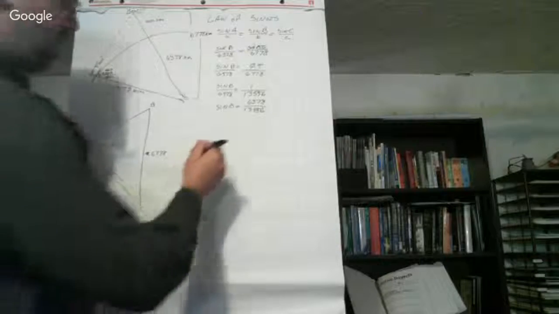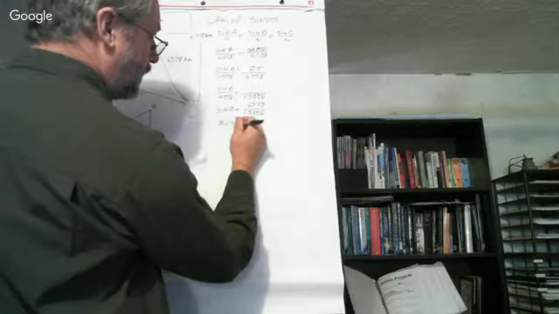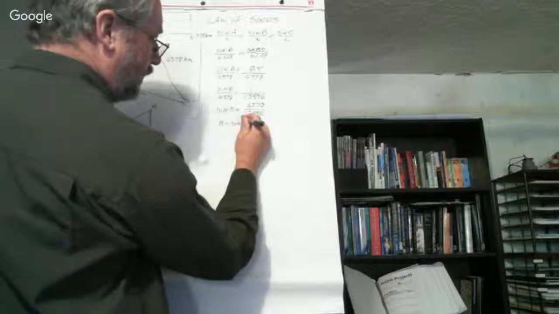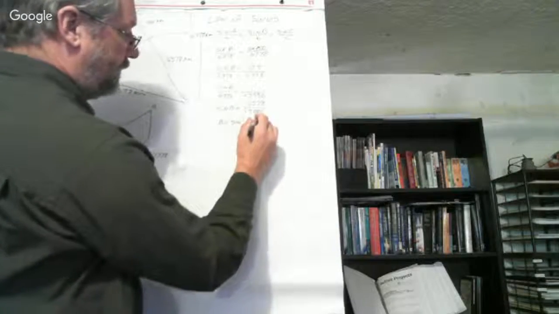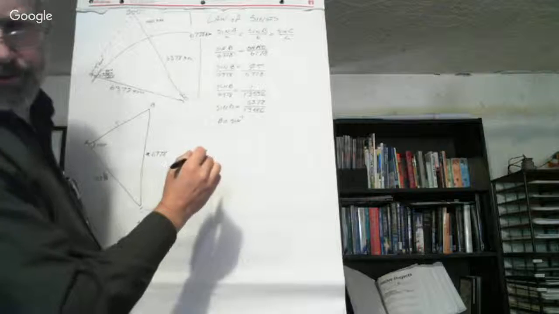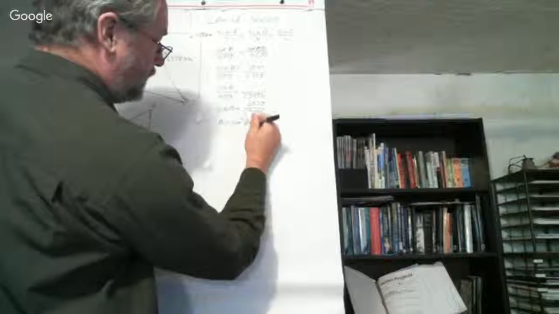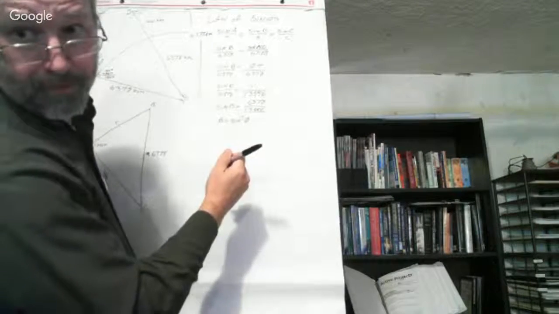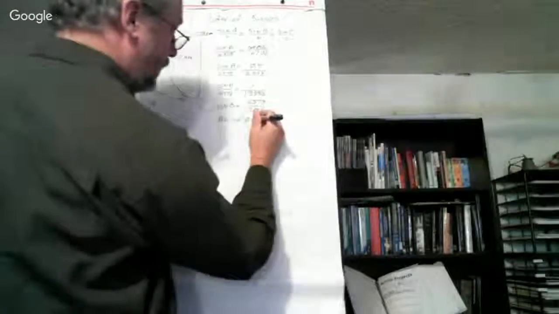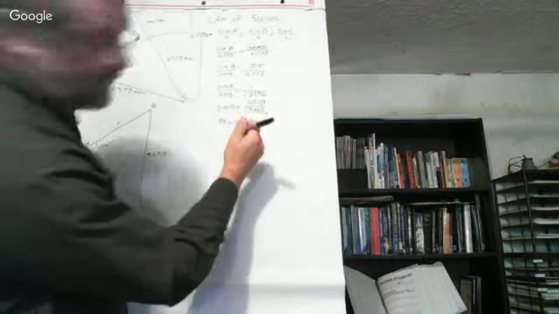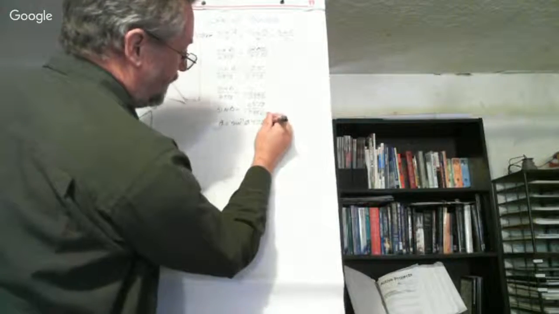So now, therefore, B is equal to sine inverse, and then we can go ahead and solve this, which comes to 0.47, and I think this is 0. Can't read my writing. 0.4705.